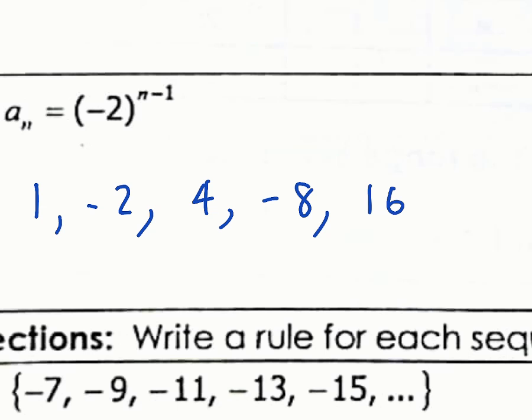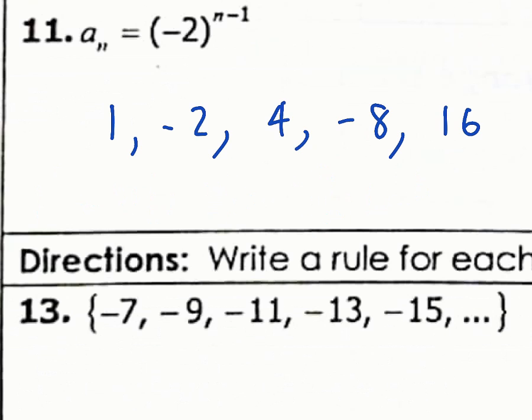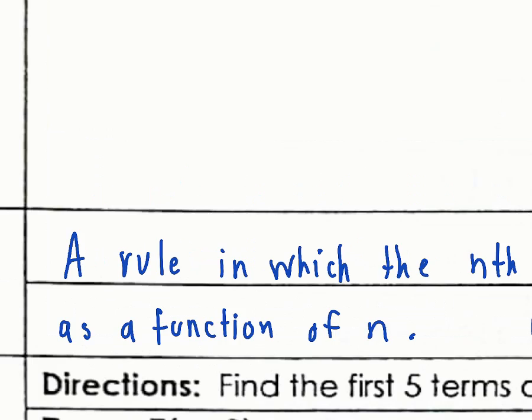So again, it's going back and forth. Every time it's multiplied by negative 2. Look, 1 times negative 2, negative 2 times negative 2, 4 times negative 2. You see that? This is a geometric sequence. And we're going to talk about that, I think, on Tuesday of next week. All right? Now, let's go back to number 5, if you will, with me, please.